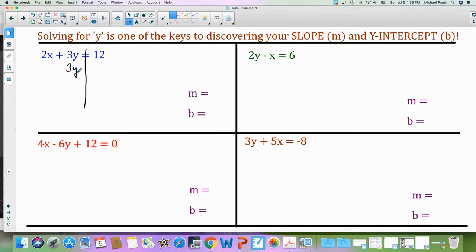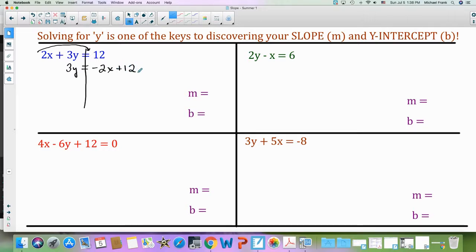It's going to stay here, so it's going to keep that positive sign. But this positive 2x is going to go to the other side of the equation. I'm going to put it in the front because I like to keep my x's in front. And that positive 2x is going to become a negative 2x. And this positive 12 is going to stay on the right side, so it's going to stay positive.